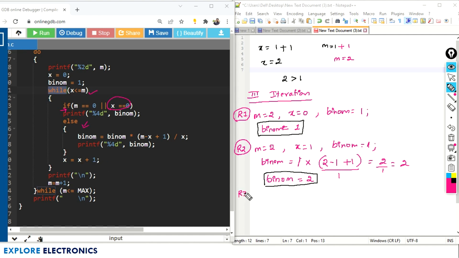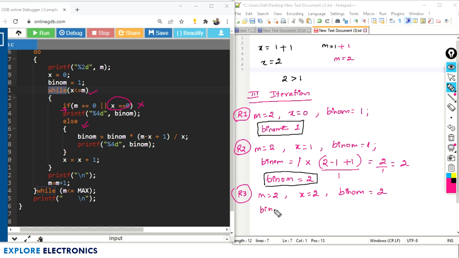So in round 3, m is again 2, x will be incremented by 1, which becomes 2, and binomial is now having 2. Now let's calculate. Again it is going to check this condition. This is going to satisfy because x and m are equal now, and this condition won't satisfy. It will come to the else part, and here it again starts the calculation.